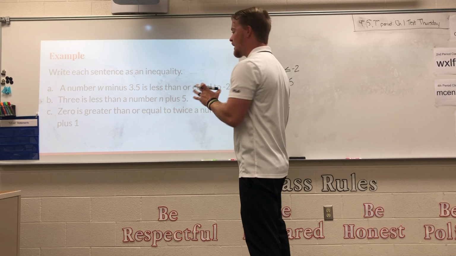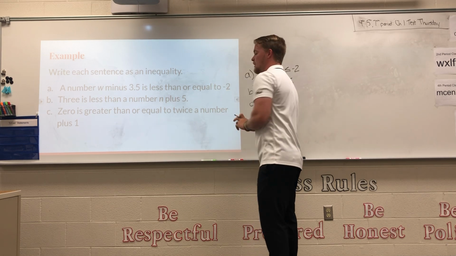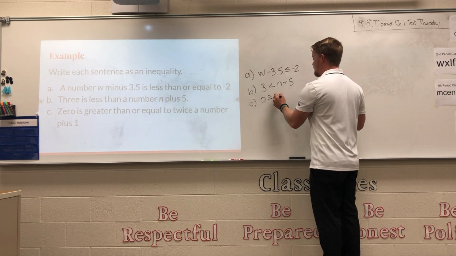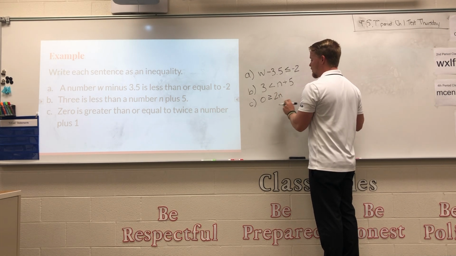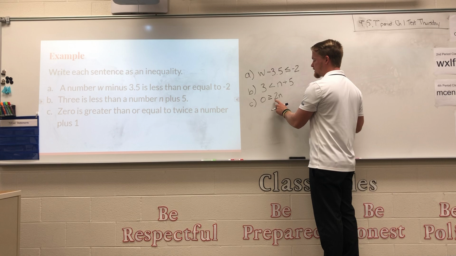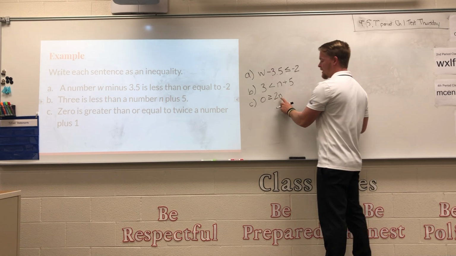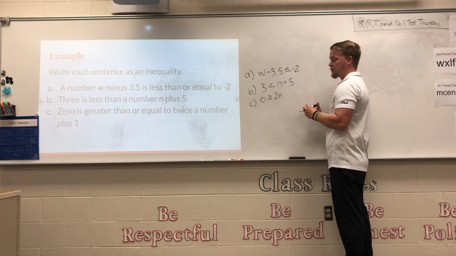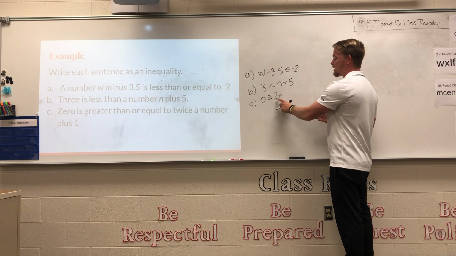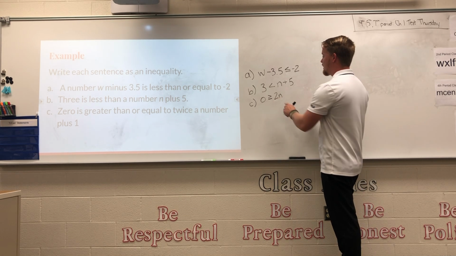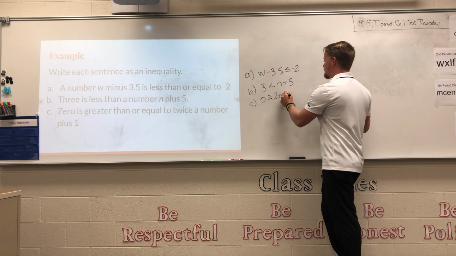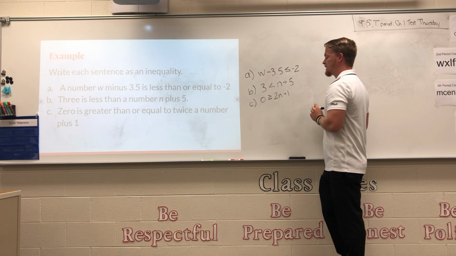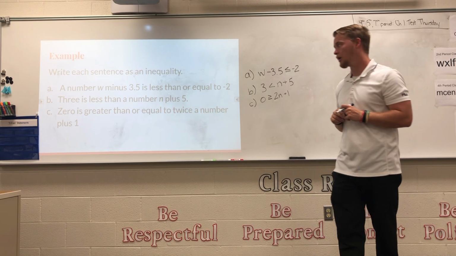So if you see twice, that means 2 times a number. The way I would represent that would be 2 and then my variable, n, because something we've talked about is a number and a variable right beside each other is multiplication. If there's no symbol in between them and they're right beside each other, that's multiplication. So twice a number is represented by 2n. Plus 1. So lastly, we have plus 1, and that's how we finish off that inequality.